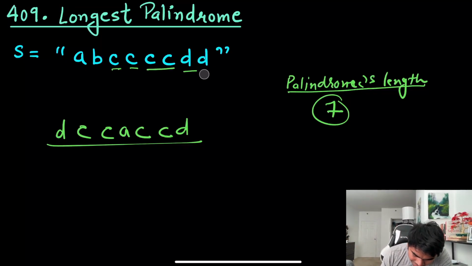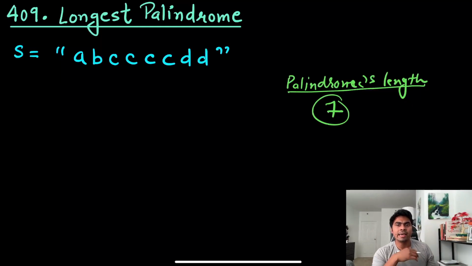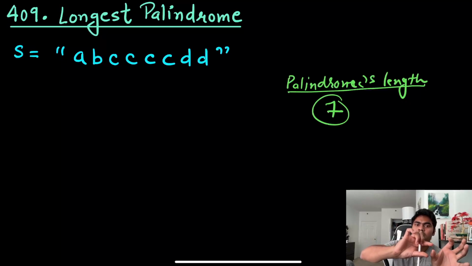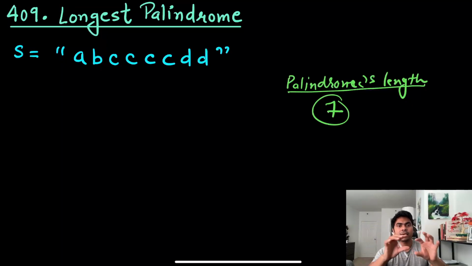A better way would be to count the frequencies of all the characters, and then using those frequencies, check if there are any even number of characters, or characters with an odd count, from which I will take one character out to make it even, and append it to my palindrome's length, because I could use those even numbers. And if there is one extra character, I could place it in the middle.